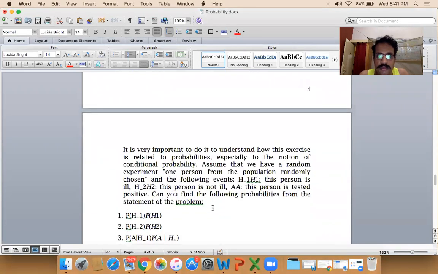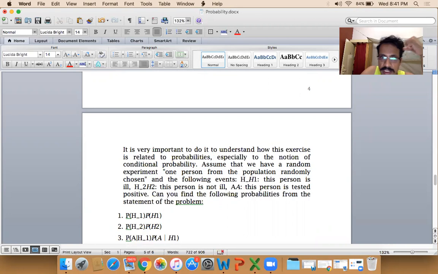It is very important to understand that this exercise is related to probability, especially conditional probability. Assume that we have a random experiment, one person from the population randomly chosen, and the result is something like this.